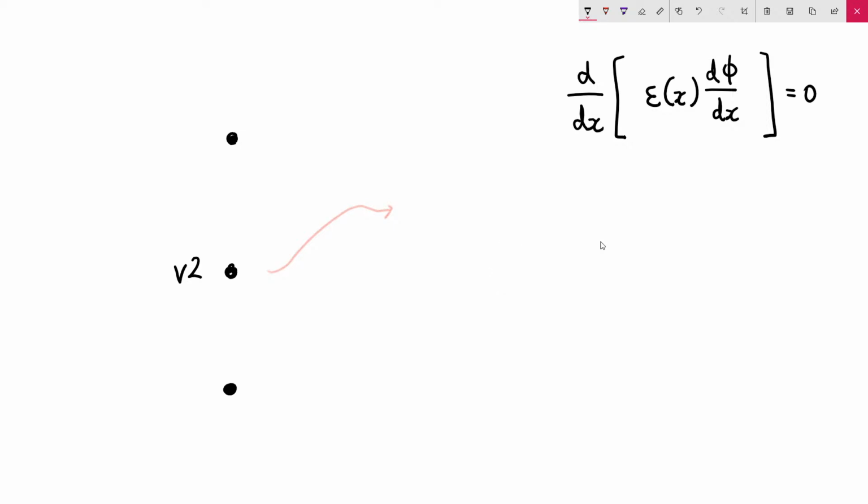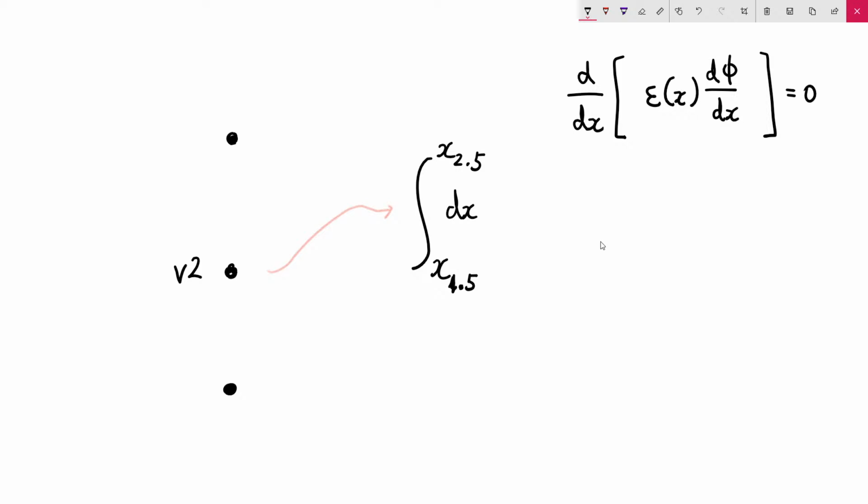An usual way to proceed is just to integrate our equation from x sub 1.5, the midpoint between vertex 1 and vertex 2, up to the upper limit, which becomes 2.5, the midpoint between vertex 2 and vertex 3.